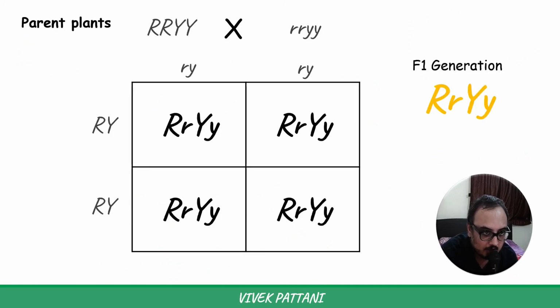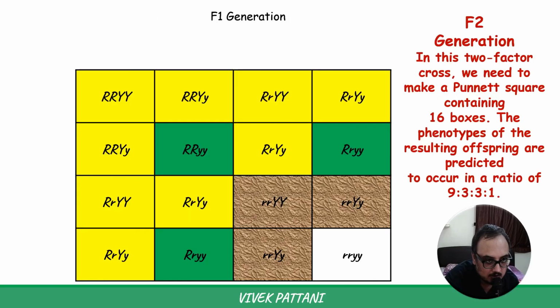Now moving forward, the parent plants and the Punnett Square. We will have in the F1 generation all round yellow ones.